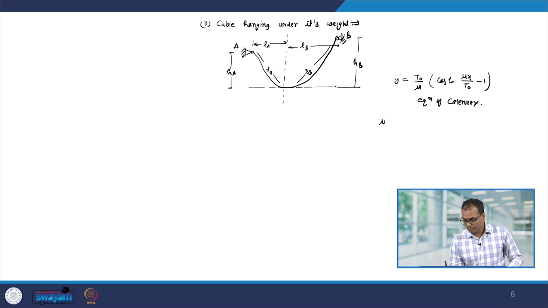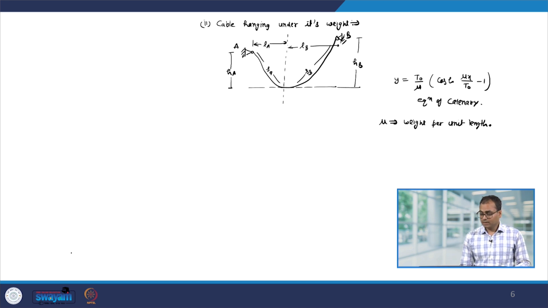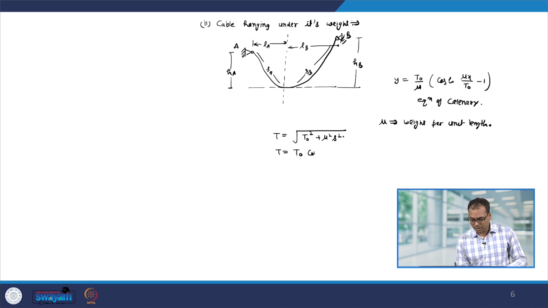Here this mu was the weight per unit length of the cable, okay, and the tension T in the cable was T equal to square root of T naught square plus mu square S square, or T can also be calculated using T equal to T naught cos hyperbolic mu x over T naught, or T equal to T naught plus mu times y.